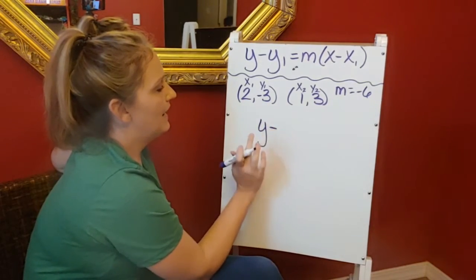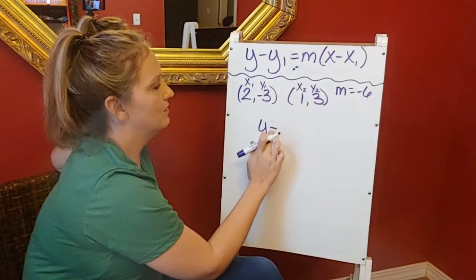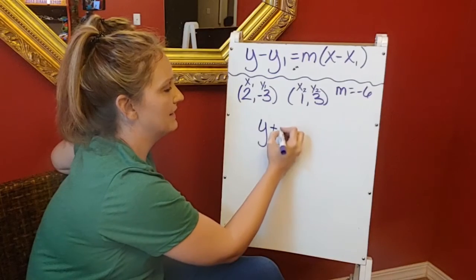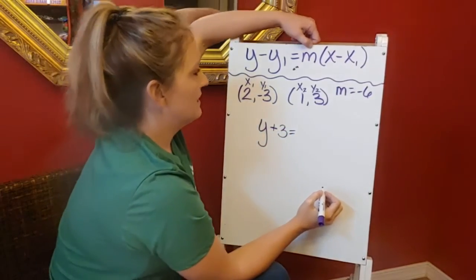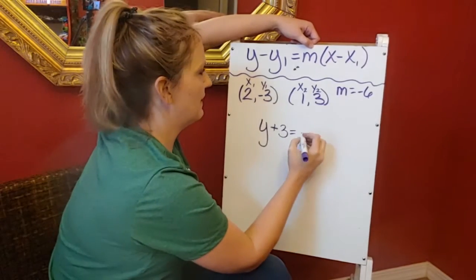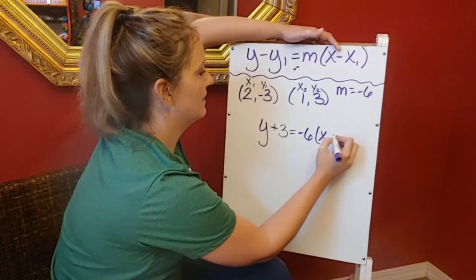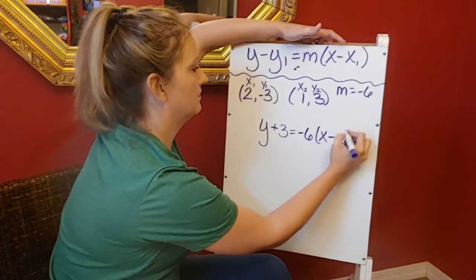So y minus y1. Well, y1 is negative 3. So if I have y minus a negative 3, that makes that a plus. So plus 3 equals my slope, which is my m, negative 6, times x minus x1, and x1 is 2.